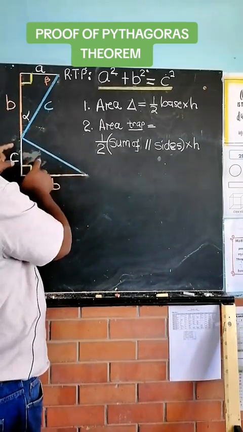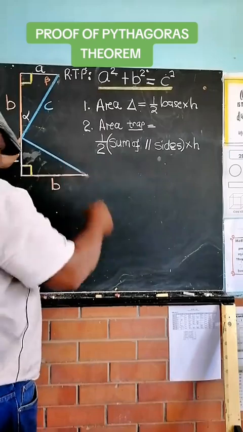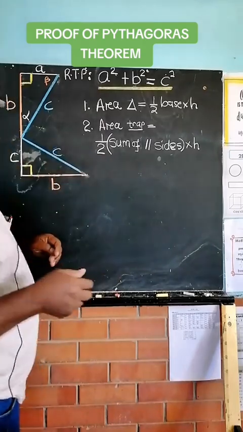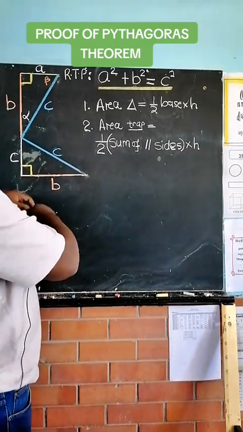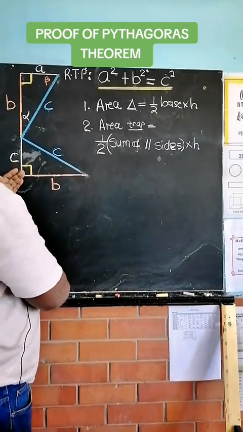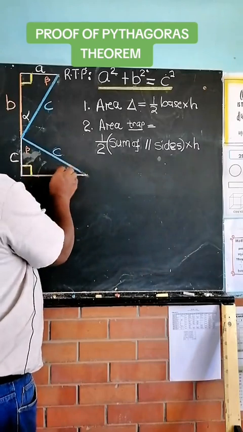If this is the same triangle as that one, it means this side here is still C, the hypotenuse. So this is a continuous line. This angle shall be beta. This one shall be alpha.